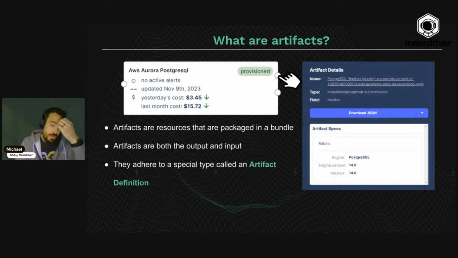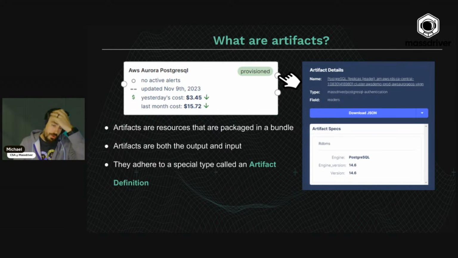Something that's interesting about Massdriver's artifact system is that we actually share more information than just IAC outputs. We can actually share security groups, IAM policies, and even metadata such as region or the version of a bundle. We can also connect bundles that use different IAC languages like Terraform and Helm, and we can share information between those IAC languages using our artifact system.